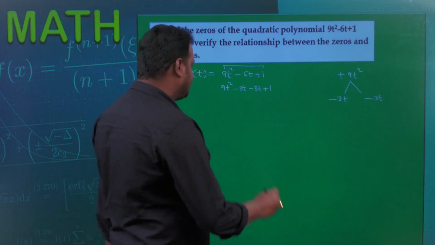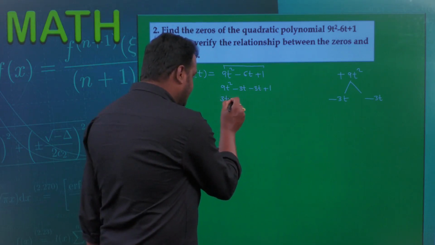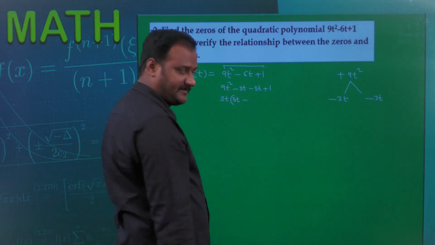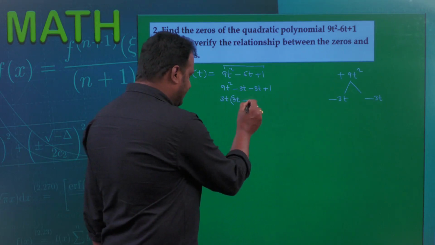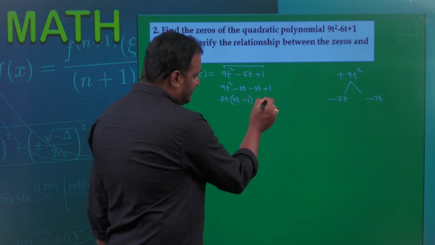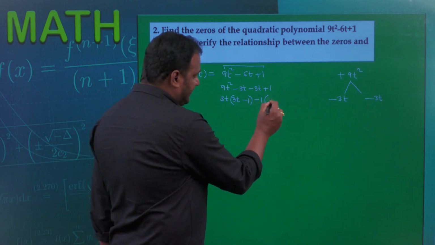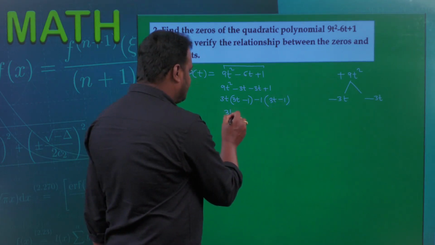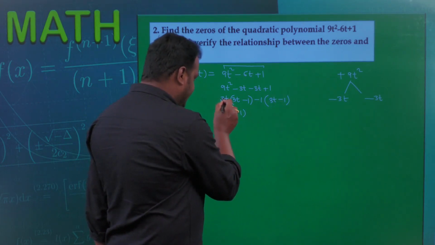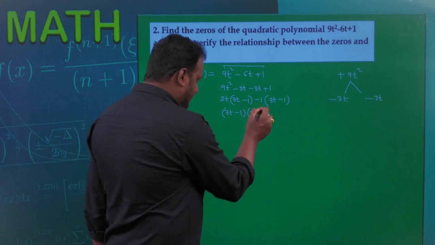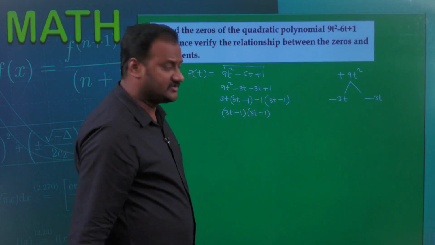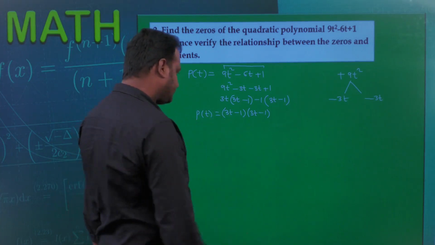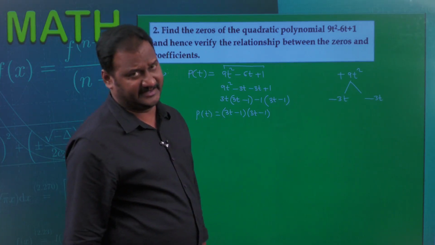From the first 2 terms, you can take 3t common. Remaining: 3 threes are 9, t's are t square. Minus 3t already taken common, so minus 1. And from these 2 terms, minus 1 is common, remaining 3t minus 1. So totally you have the 3t minus 1 factor, and here 3t remaining, and here minus 1 is remaining. So finally, your p of t is going to be 3t minus 1 into 3t minus 1.